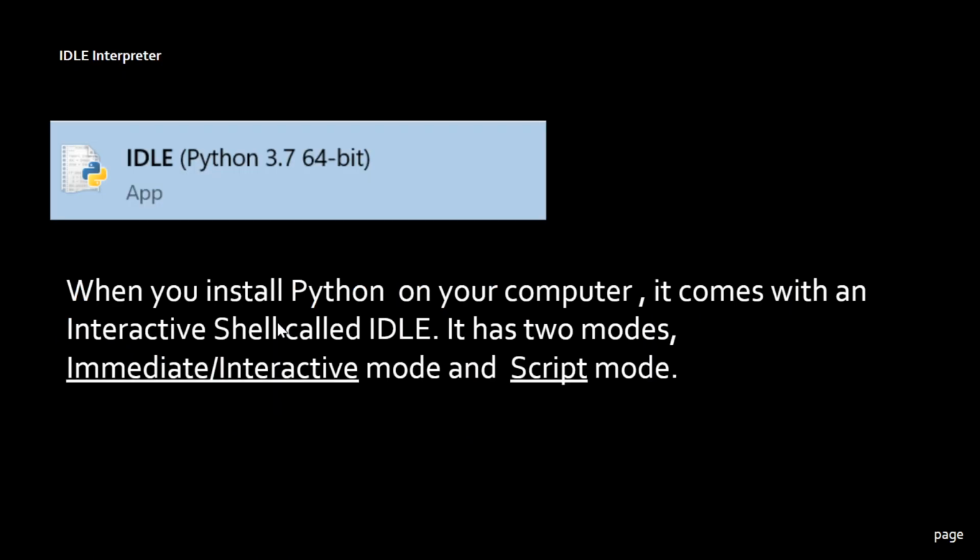Once you have installed Python on your computer, you will have to look for this icon, or actually file or application name, which is IDLE. IDLE is an interactive shell.